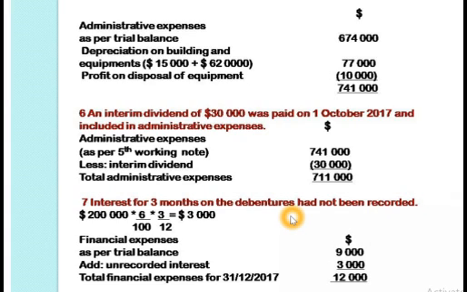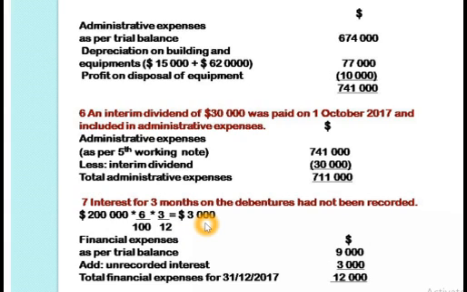In the trial balance, it was stated that the debentures are 6% debentures and the value of debentures was $200,000. So we'll take $200,000, 6 by 100, that is the interest on debenture, and we have not recorded for 3 months, so it will be 3 by 12.